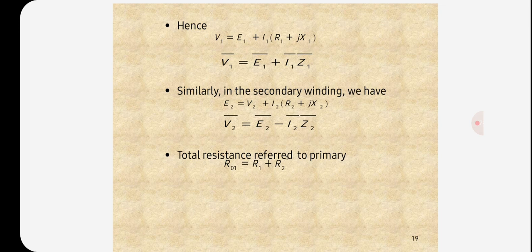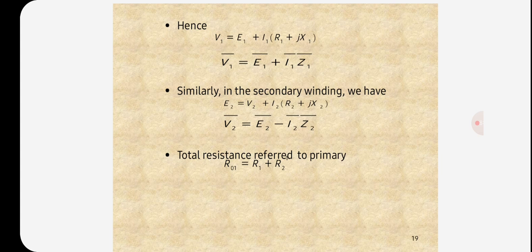So in vector form, V1 is equal to E1 plus I1 into Z1. Similarly, in the secondary winding, E2 is equal to V2 plus I2 into R2 plus jX2. So in vector form, V2 is equal to E2 minus I2 Z2.